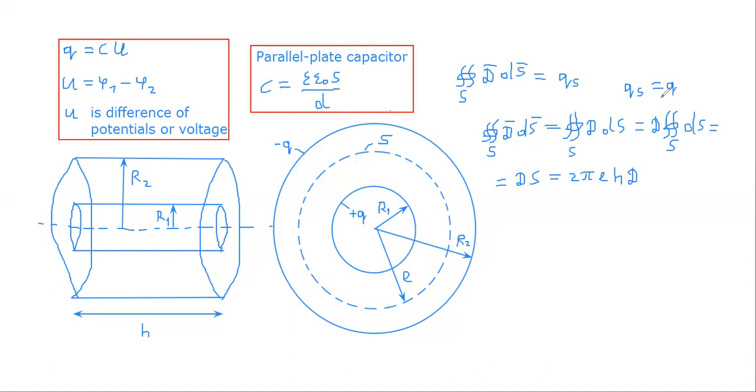This is plus Q. So we can substitute this in Gauss law, and according to this we have 2πLHD is equal to Q.